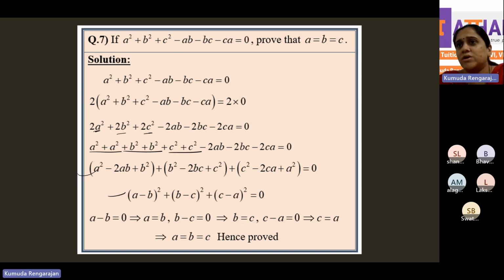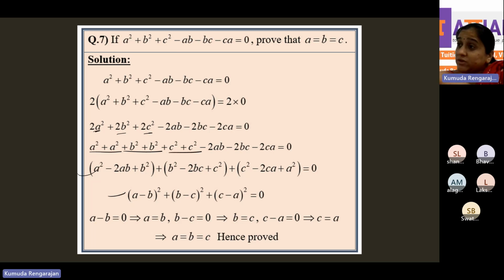Even if it's minus 3, if you square it, it's positive. a minus b the whole square can be negative, positive, or 0. But negative is not possible.